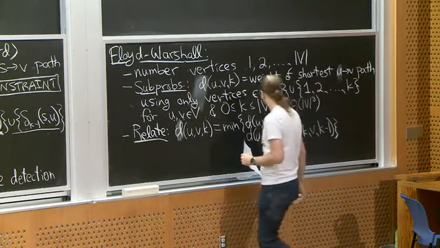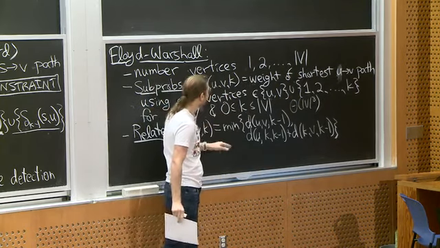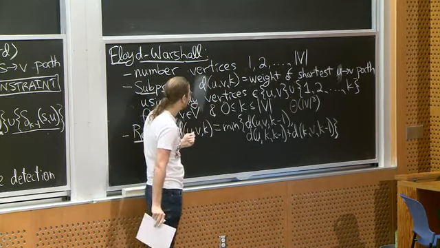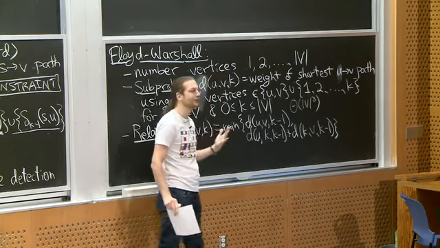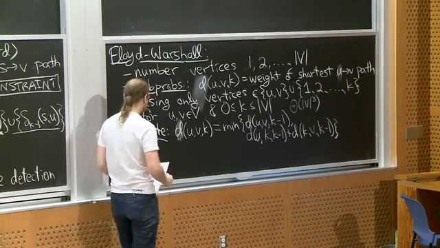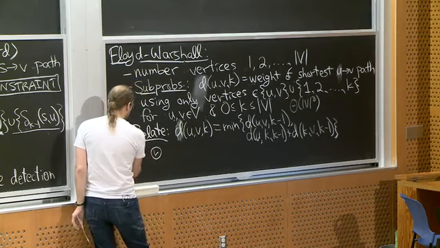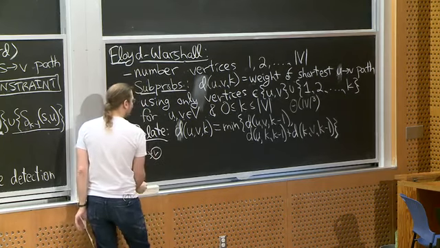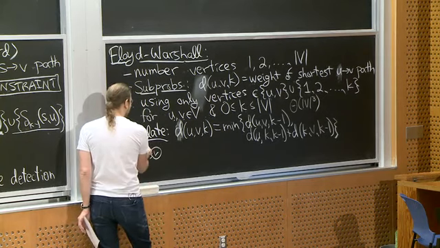Okay, it's a strange formula because we're using indices like k for vertices also, as well as u and v for vertices, but we're also using k as a counter. But we can do this because our vertices are numbered. Okay, so the idea is the following. We have a vertex u, have a vertex v, and we've already found the shortest path that uses vertices 1 through k minus 1.